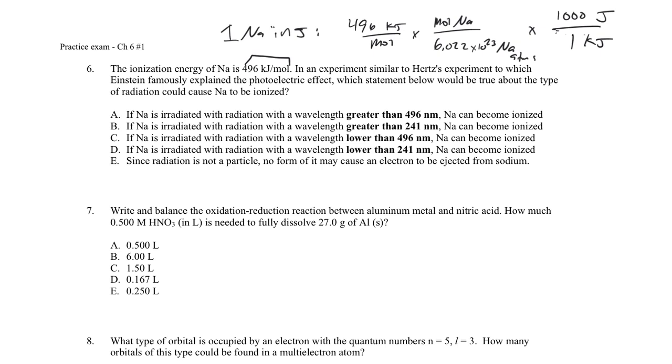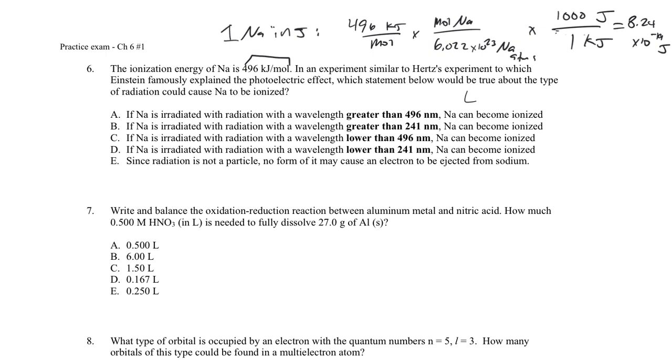So this, of course, will be a small number: 496 divided by 6.022 times 10 to the 23, and then times 1,000. I get 8.24 times 10 to the minus 19 joules.